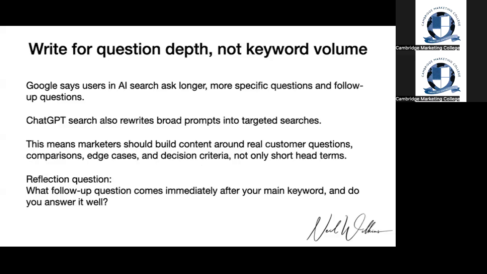Okay, so we've got a little bit of a tutorial moment going on here because Google specifically, and I've got a little video to share with you in just a second, which will share with you what Google really means by this, because we need to get a little bit practical for a moment. Google's saying that users in AI search will be asking longer, more specific questions and then follow up questions.